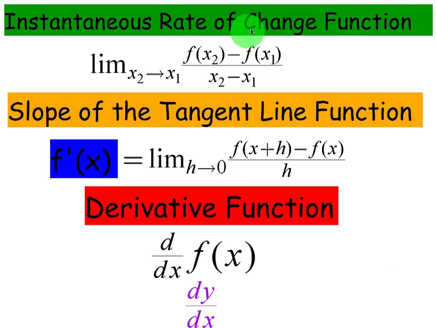There's lots of different ways to talk about the slope of the tangent line. The first words we used were instantaneous rate of change. Then we learned that that means the same thing as the slope of the tangent line, and we learned this little thing called the difference quotient, the definition of the derivative. We looked at this notation. d/dx means the derivative, the change with respect to x.